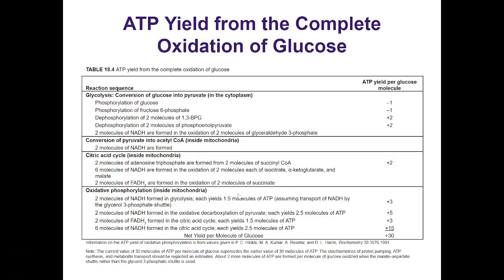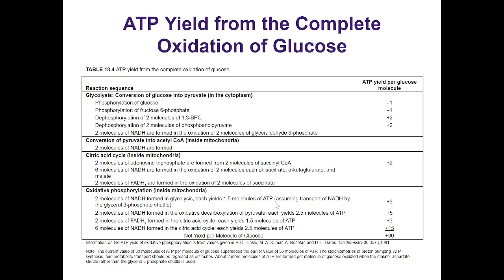So again, oxidative phosphorylation, we're inside our mitochondria again, and this is where we're going to use up all that NADH. The molecules of NADH that are formed in glycolysis, each of those are going to only yield 1.5 molecules of ATP. This is assuming that they're transported via the glycerol 3-phosphate shuttle. Remember that one does that through FADH2, and so it only does the FADH2 numbers, okay?